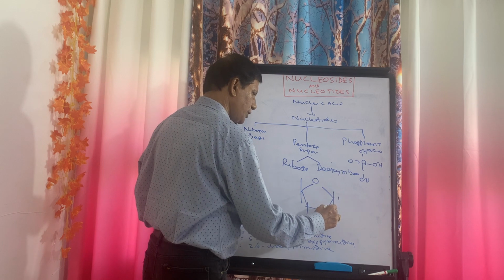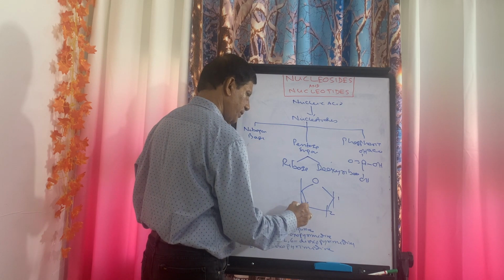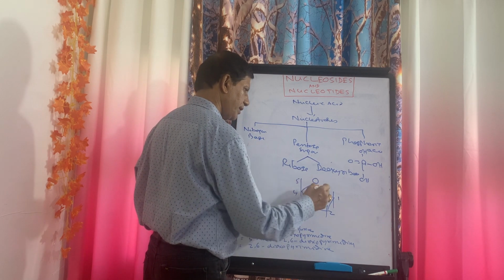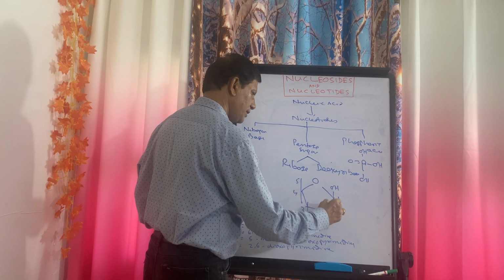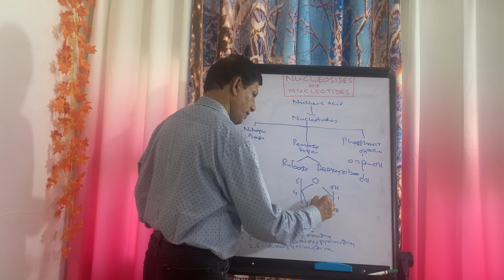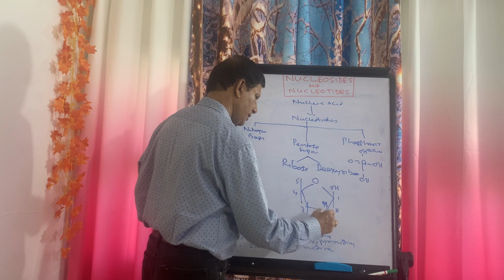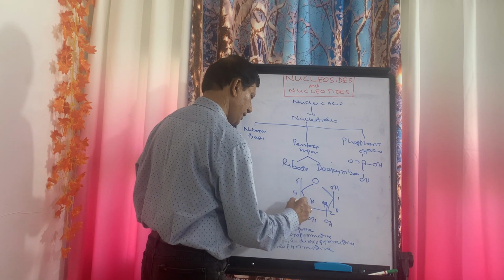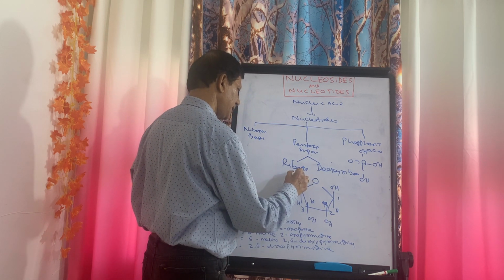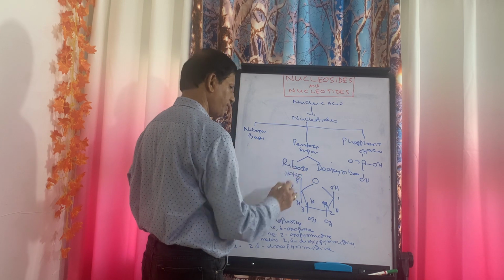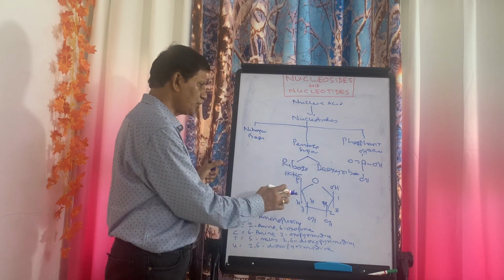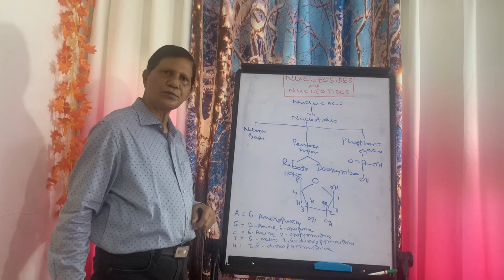This is position number 1, position number 2, 3, 4, and this is 5. Here there will be one OH, H, OH, here H, and here CH2OH. This is the structure of a ribose sugar, which is a pentose sugar.